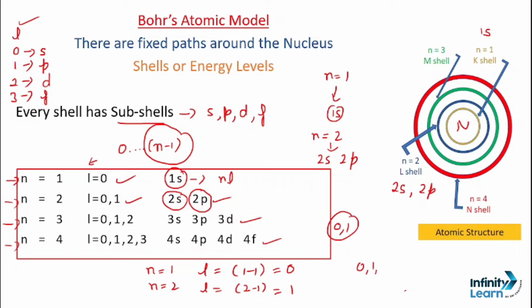So these are the relevant topics that you need to understand before coming to electronic configuration. Now let's talk about the main topic of this video, that is electronic configuration. If we want to write the electronic configuration of elements, then we need to write these values here. For our first shell, that is n equal to 1, we get one subshell, 1s. For the second shell, we get 2s and 2p as our two subshells.